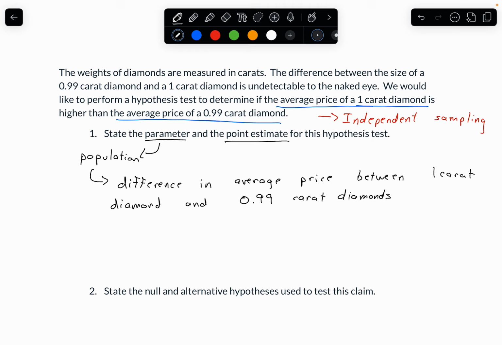So this is what we're looking at. Just to have one single number, we're going to be looking at the difference once again between these two average values. Now, this is obviously kind of wordy.